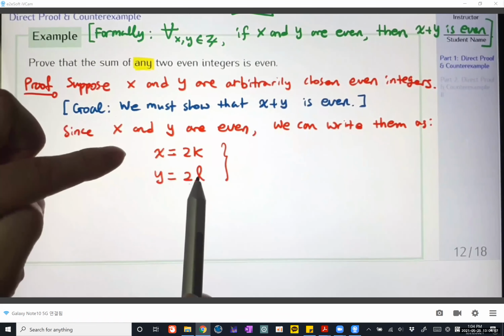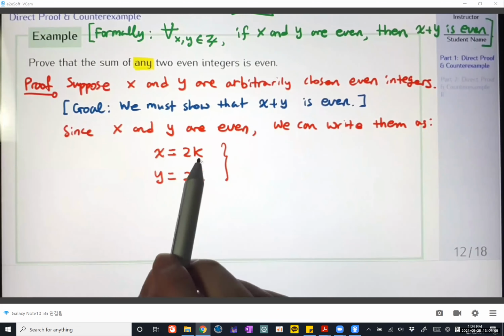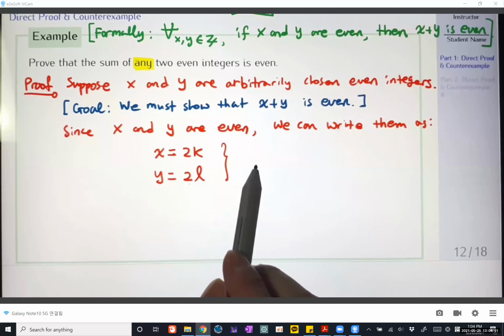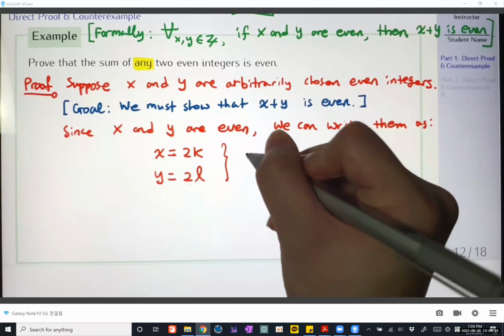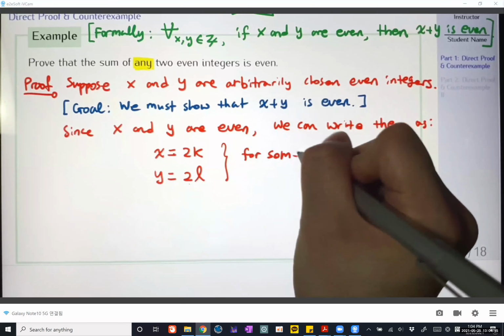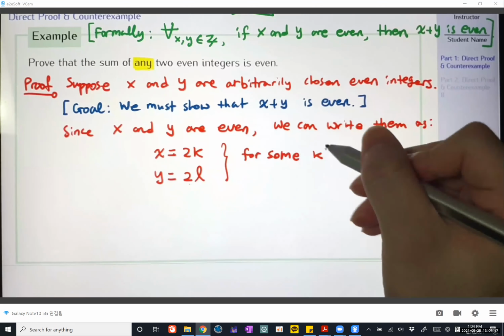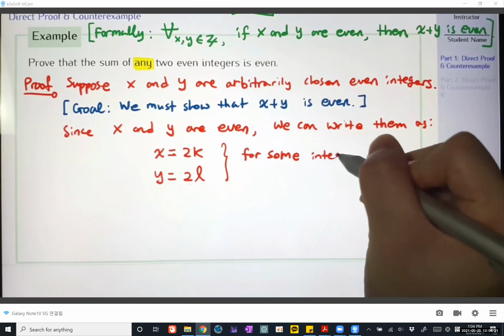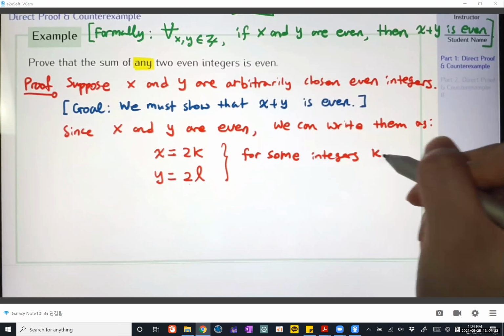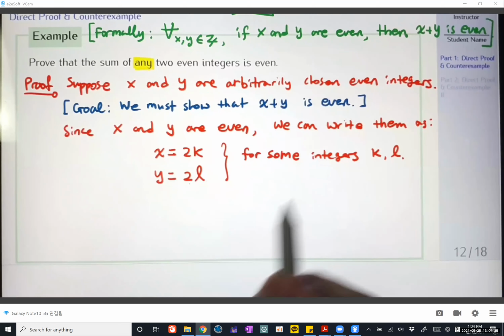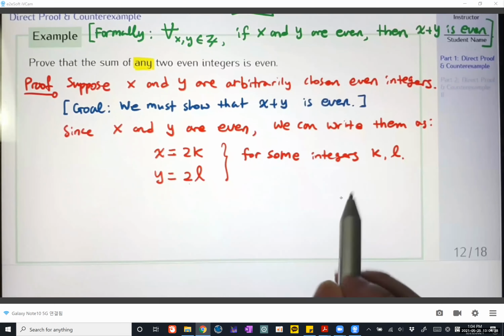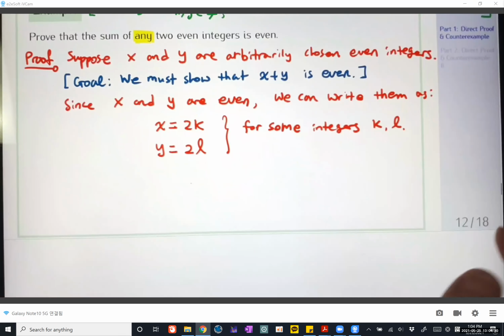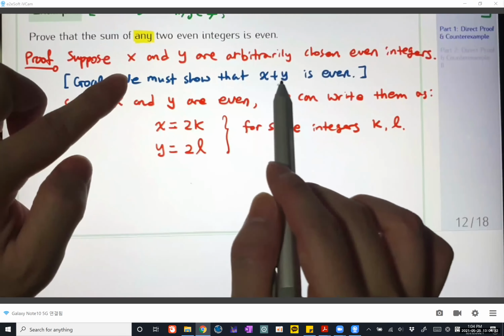You cannot write the same k. So write it down: for some integers k and L. This is my setup so far. Okay, and then look at my goal. My goal is to show that x plus y is even.